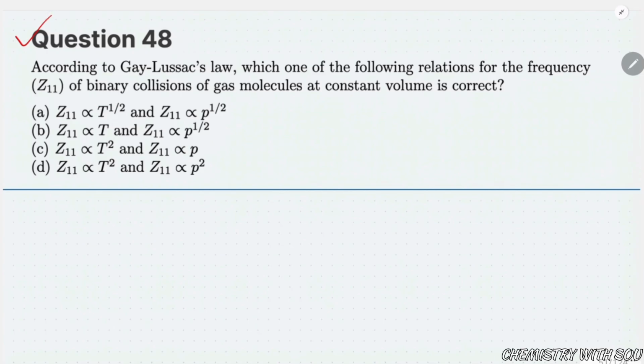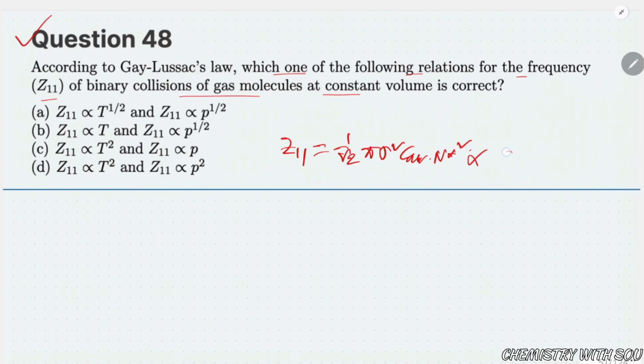In question number 48, according to Gay-Lussac's law, which one of the following statements about the frequency Z11 of binary collision of a gas molecule at constant volume is correct? The expression of Z11 is 1 by root 2 pi sigma square C average and n star whole square.